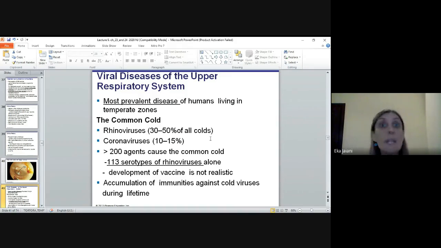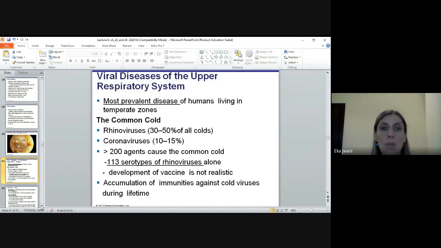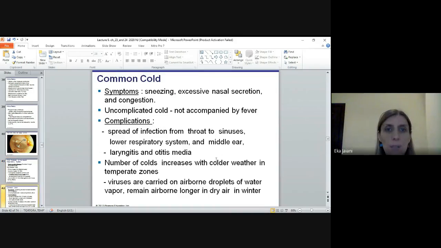There is a huge variety of viruses causing common colds, so it's not a life-threatening condition, and we usually don't develop immunity to common cold viruses because there are many types, and we use symptomatic treatment.